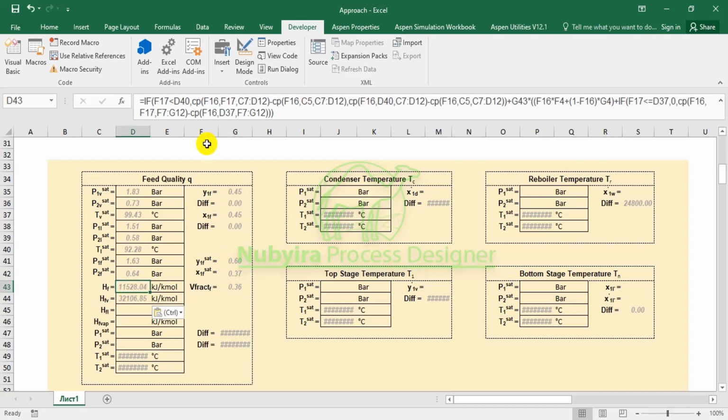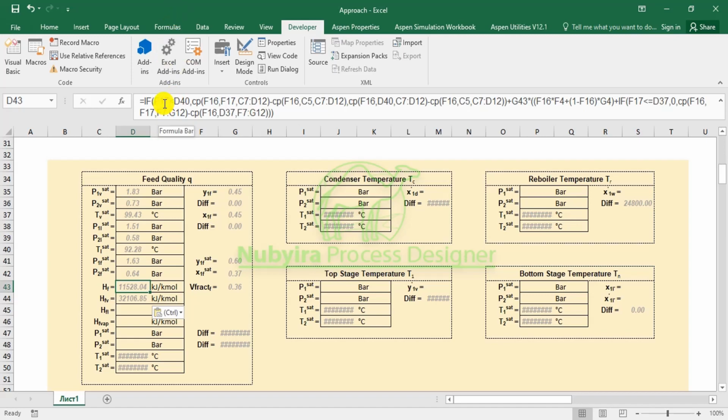The meaning of the if statement is like when the temperature is lower than the bubbling point, the calculation should stop at the bubbling point region, while in between the bubbling point and the dew point, it should stop in the saturation region. And if it's greater than the dew point, it should continue in the superheated vapor. So that's the meaning of the if statement.